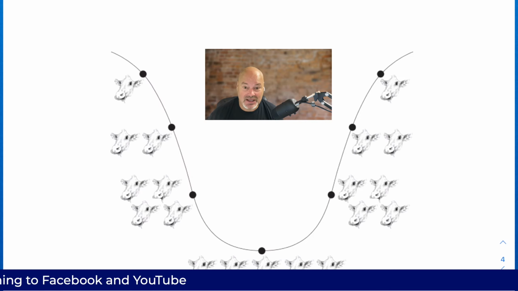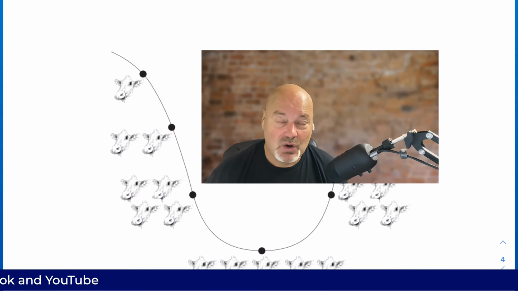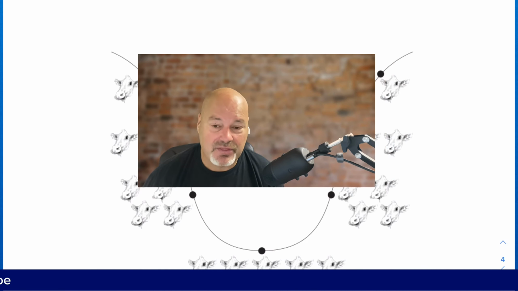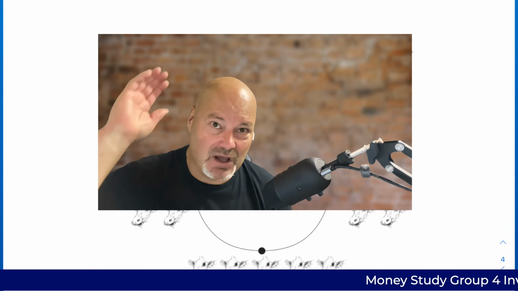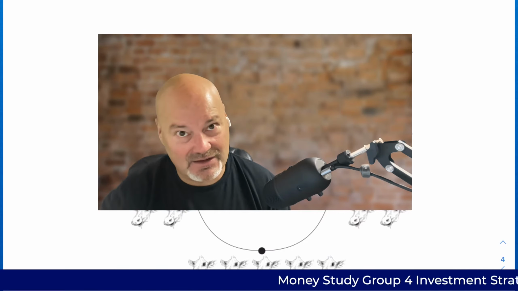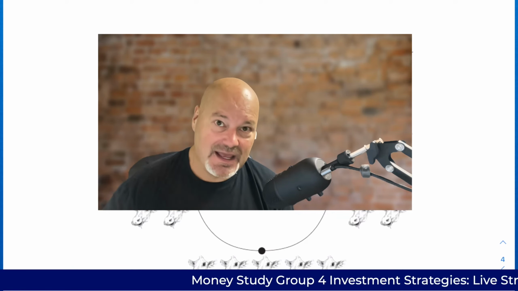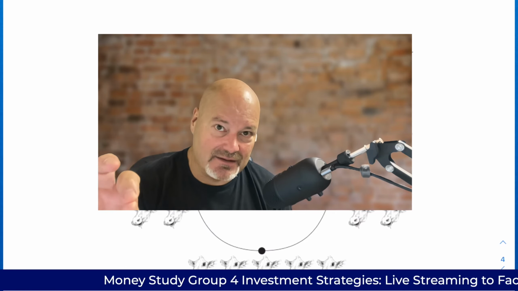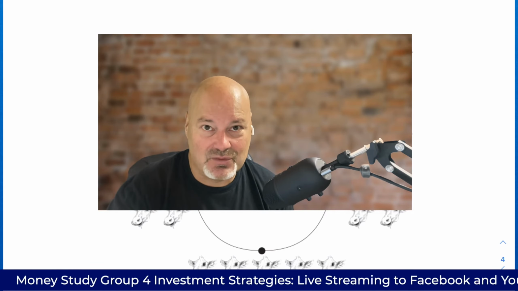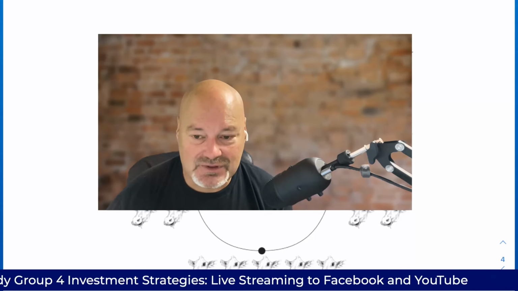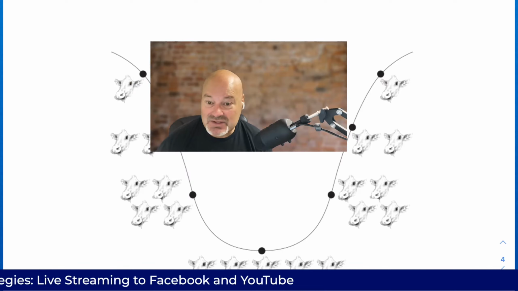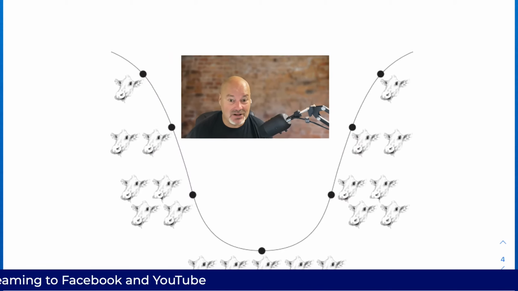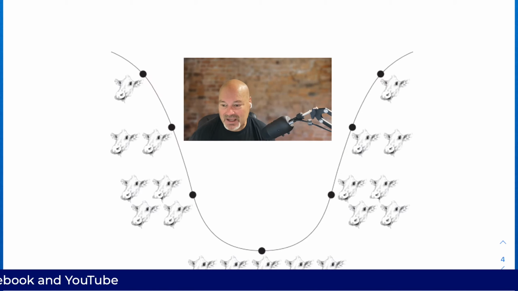What do you think Joe wanted to talk about the month that he discovered that cows went from $100 a head when he started investing in them all the way down to $20 a head? What would you do? What do you think Joe wanted to do? Anybody have a clue? What would you do if your investment in cows started at $100 a head and then it went down?